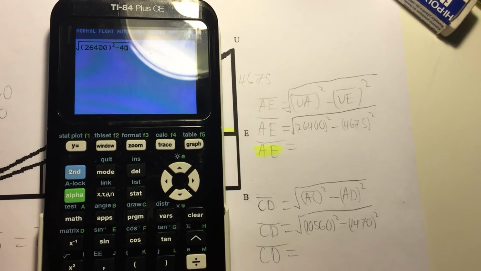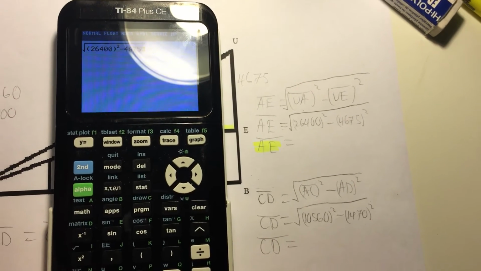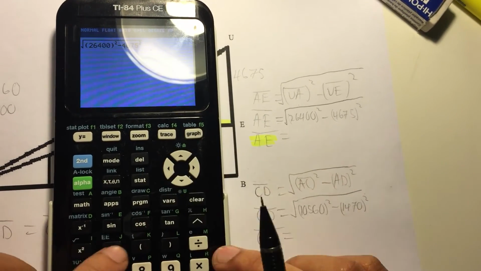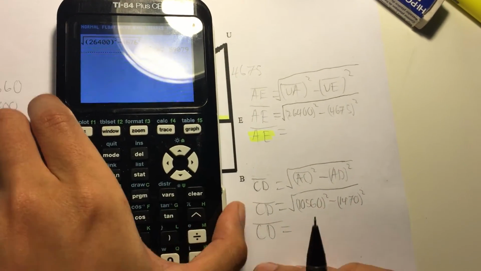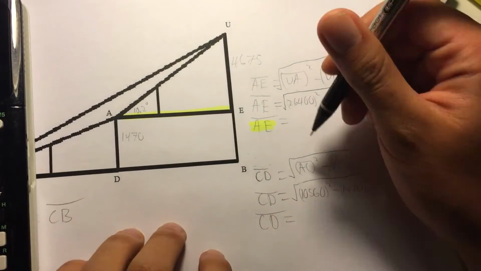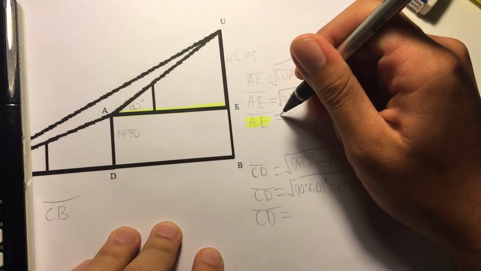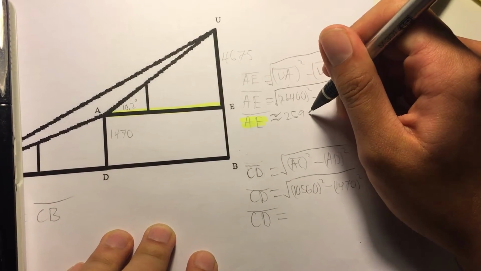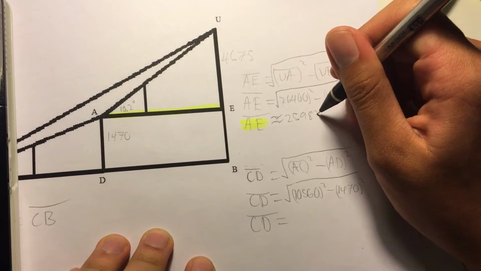Oh, it's actually supposed to be a 6. That gives you this value, so it's actually an estimate of about 25,982.